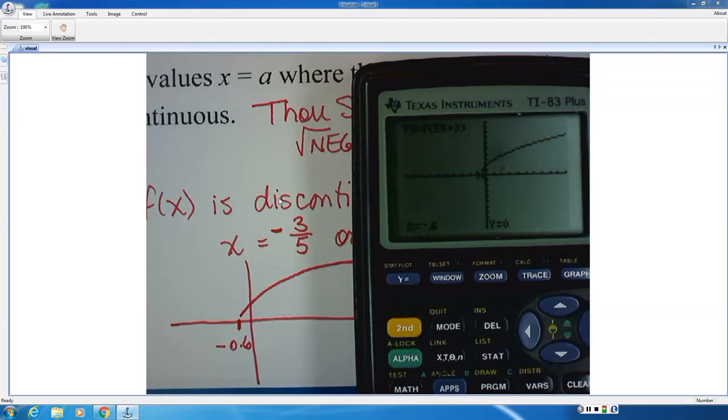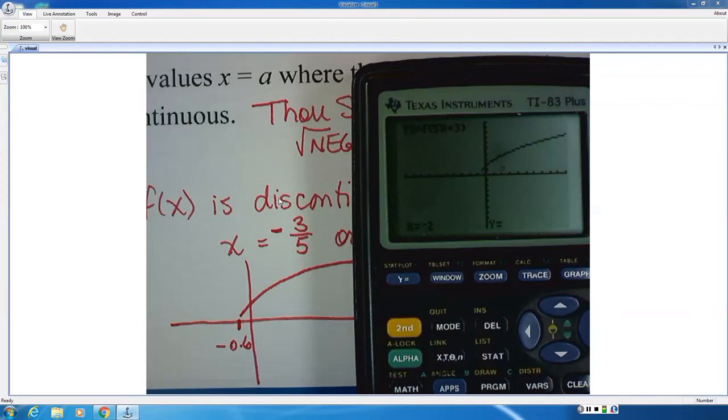But if I were to go more negative than -3/5, let's say go to -2, it says no, -2 is not in the domain of this function. That function doesn't exist over at -2.